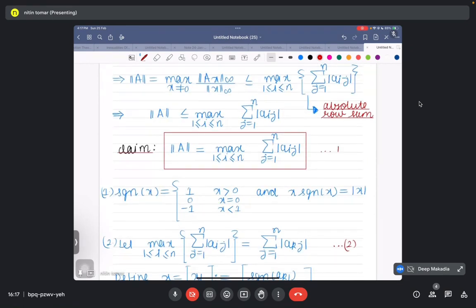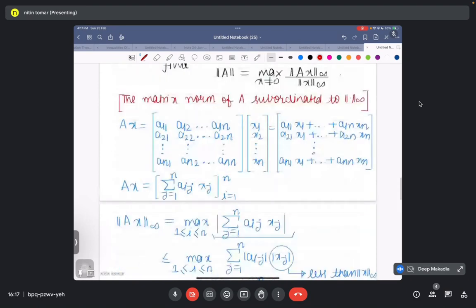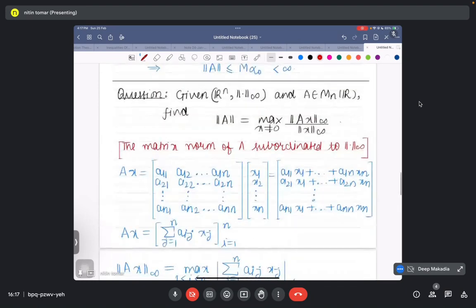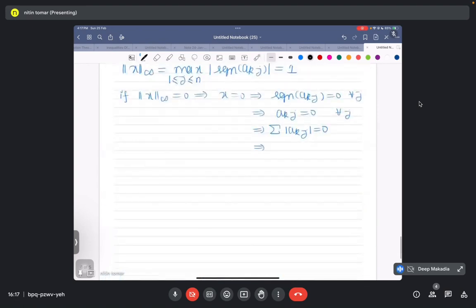This is what I'm trying to say, that if you start with a non-zero matrix, you make it non-zero. So this has to be non-zero. So if you follow this, eventually it will imply a is zero, right? And this is a contradiction because we are starting with a non-zero matrix.